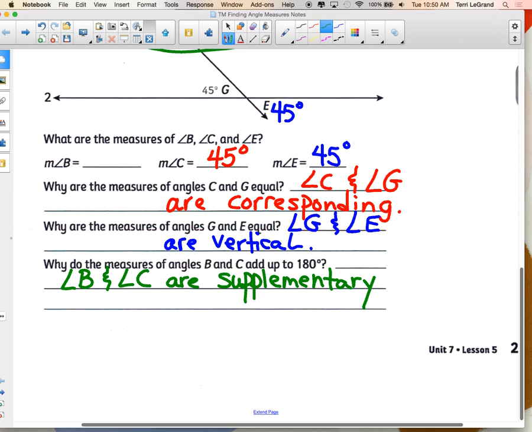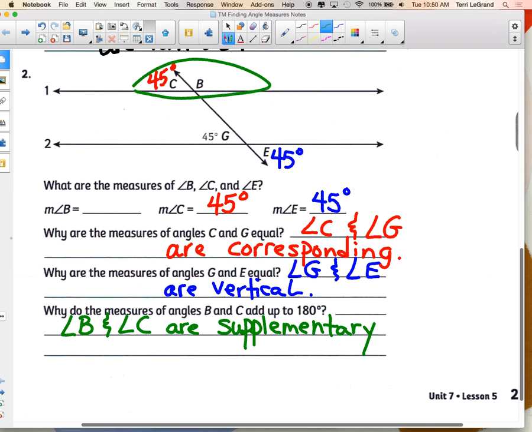So now what other work do we need to show? Do we know B or C? I think we're looking for B, don't we? Do we know C? What is it? 45, so what are we going to have to do? They're supplementary. Together they have to add to 180. Angle C we know it's 45 degrees.